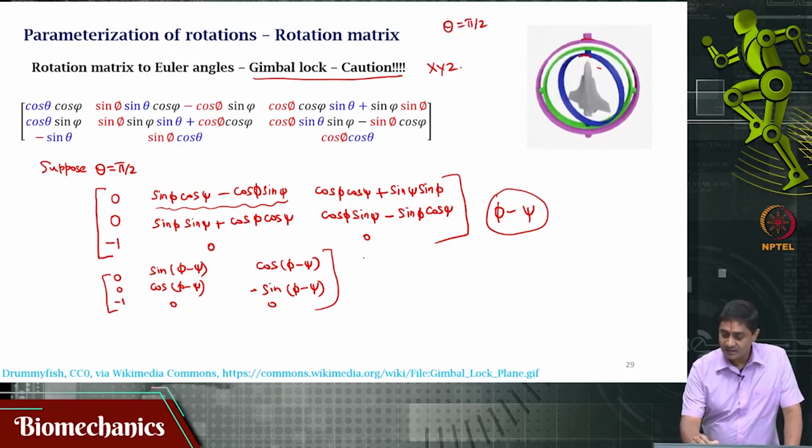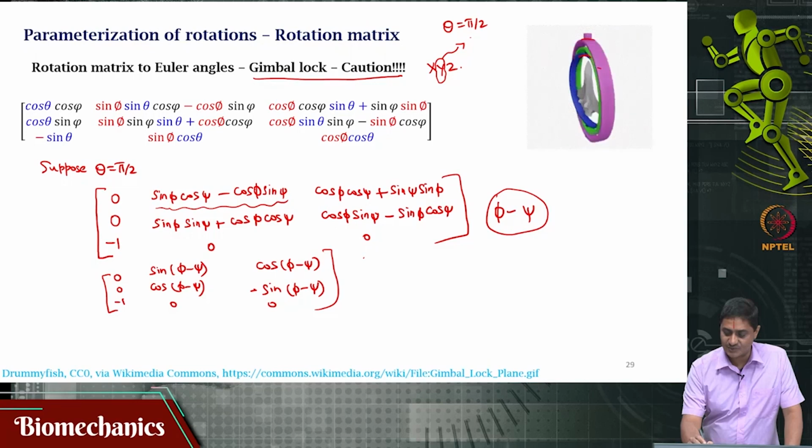What is theta? That is the rotation about the second principal axis in this sequence, the y axis in this case.